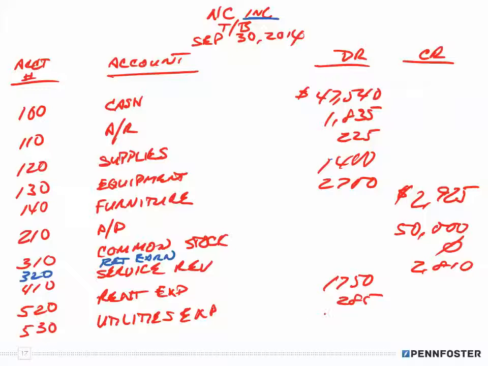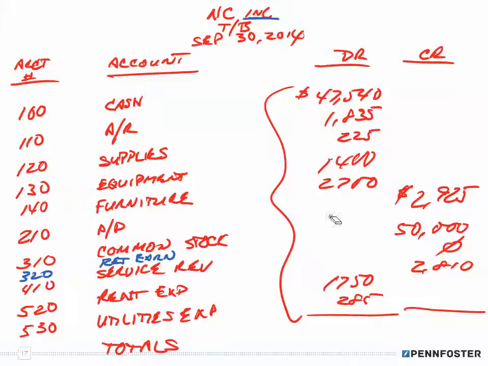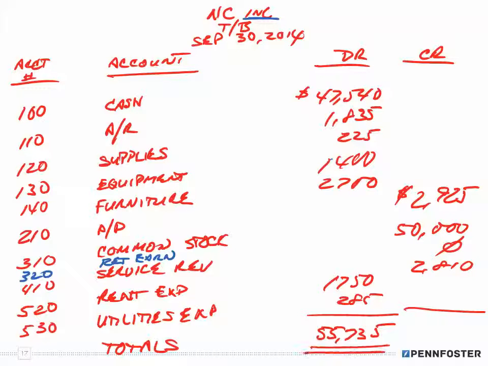Okay, so now what I need to do is a mathematical calculation, right? Why? Because I'm going to have the totals to see whether my debits equal credits, right? So when I add up all of these numbers, okay, I end up with 55,735, okay? And since that's the end of my mathematical calculation, I get a double underline and I put the $ sign there.